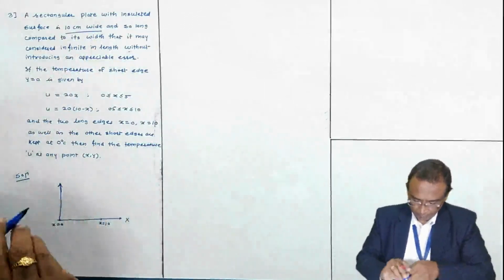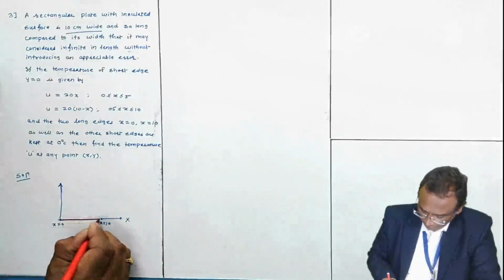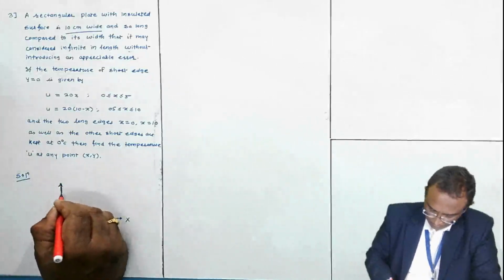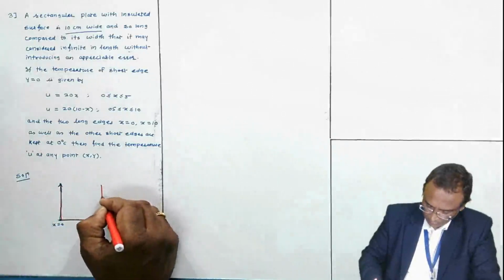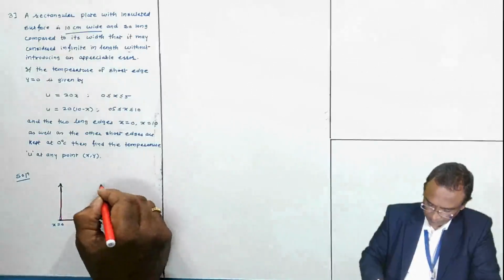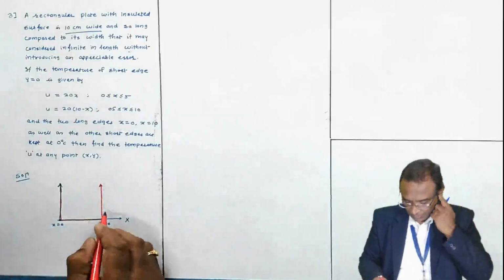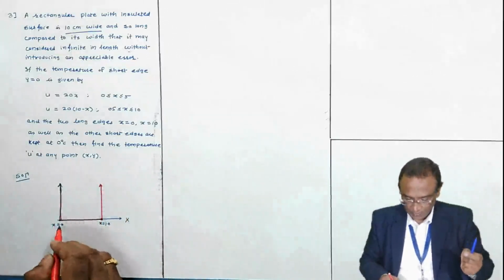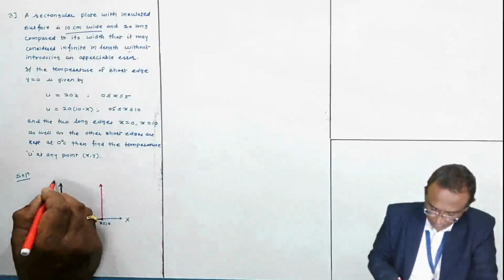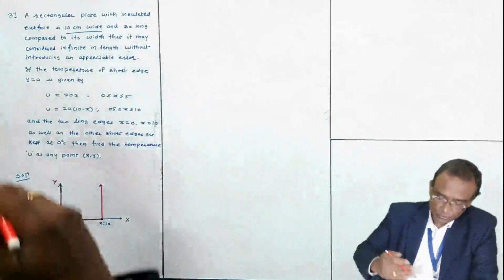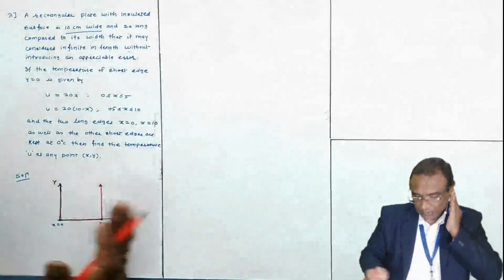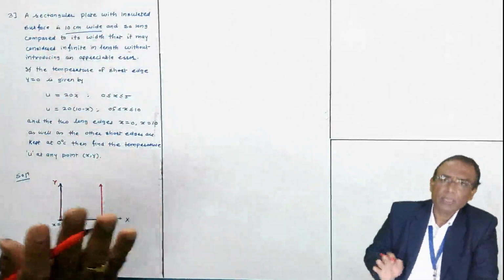And in this way, this is the 10 centimeter wide plate. This line is x equal to 10, this line is x equal to 0, and this is the y-axis. The plate is so long compared to its width that it may be considered as infinite.